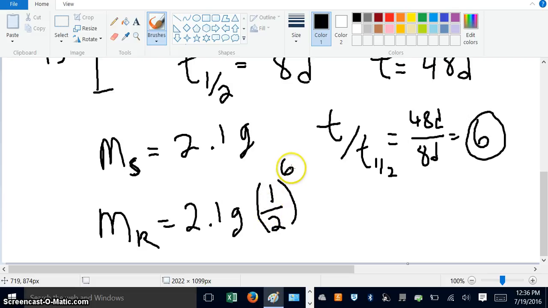When I take 1/2 to the 6th power, I get 0.015625, and then I multiply that times the amount that you started with, and so the amount remaining after 48 days is going to equal 0.03328125. I'm going to round it to 0.033, and it's in grams, of course.